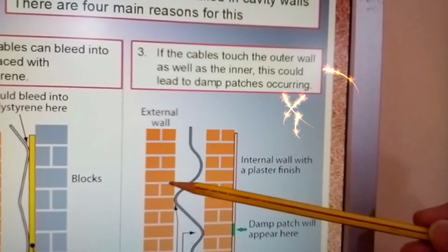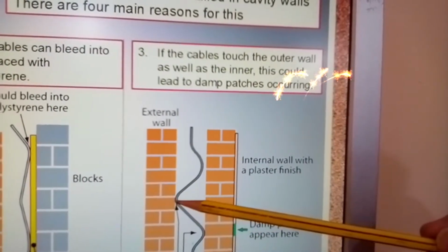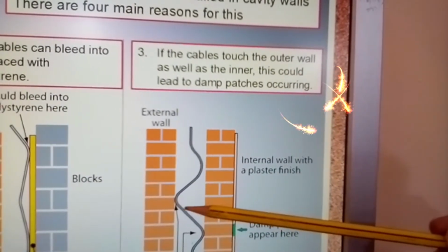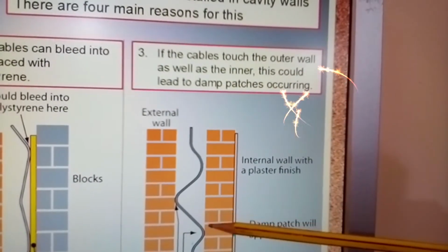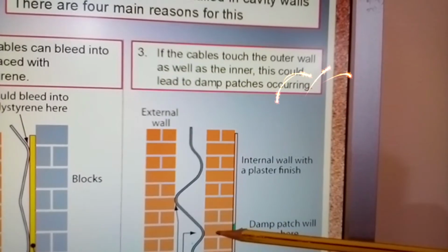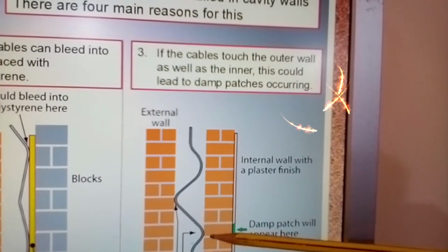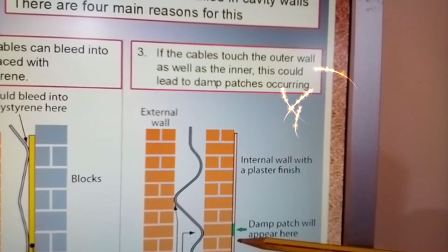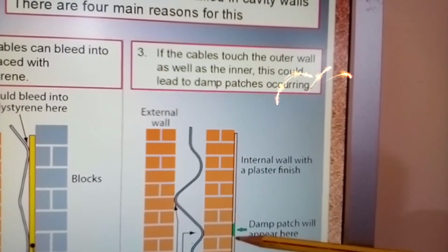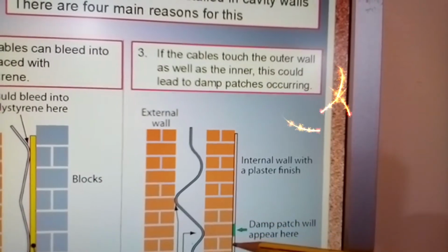Your cable touched against this wall here will cause a form of condensation to occur, and that will run down into this wall. It will run off the cable, yes, but it will be absorbed by this wall here first, and then that has the effect of coming through to your plasterboard, which then causes your plasterboard to get damp, and you will never paint over that.